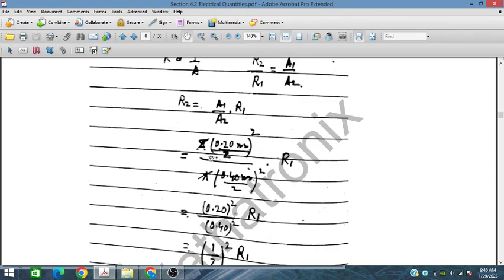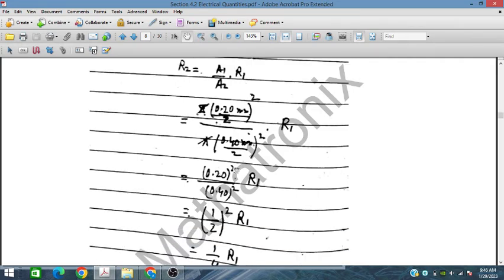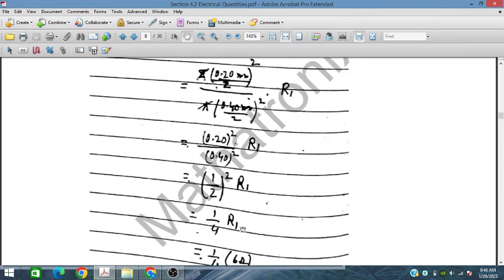This pi will also cancel. So this is simply 1 over 2, and this is 1 over 4. So the resistance is simply 1/4 of the given resistance. So if this is 60, then it would be 15.